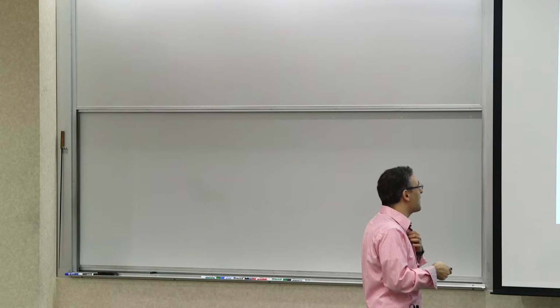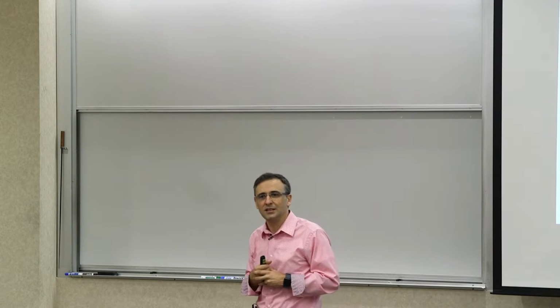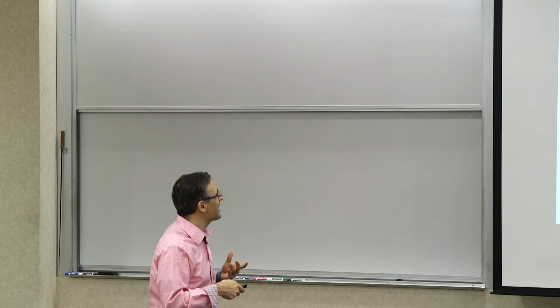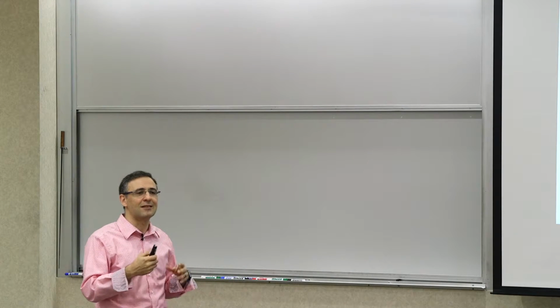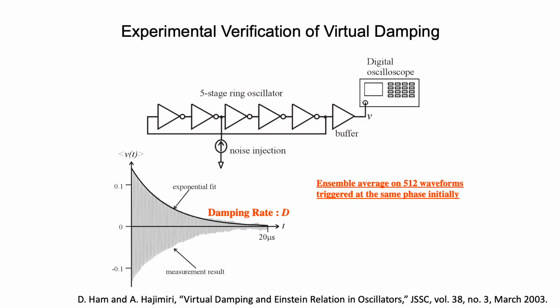Now, this is an actual experiment here. Instead of multiple oscillators, in this case we've taken the same oscillator and taken 512 samples of its waveform at different times. So we have replaced the ensemble average with a time average. There are some assumptions being made here.